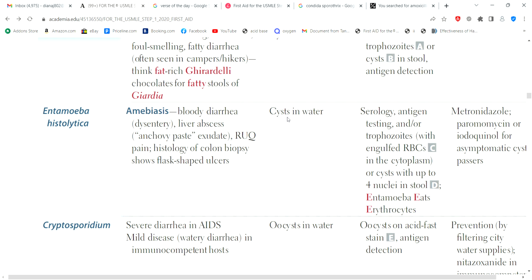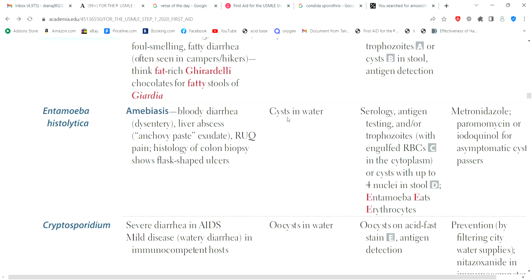The right lobe of the liver is the most commonly involved site of amoebic liver abscess, and this liver abscess has an anchovy paste consistency. The other thing you have to know: the colon biopsy will show ulcerations in the colon that look like flasks.